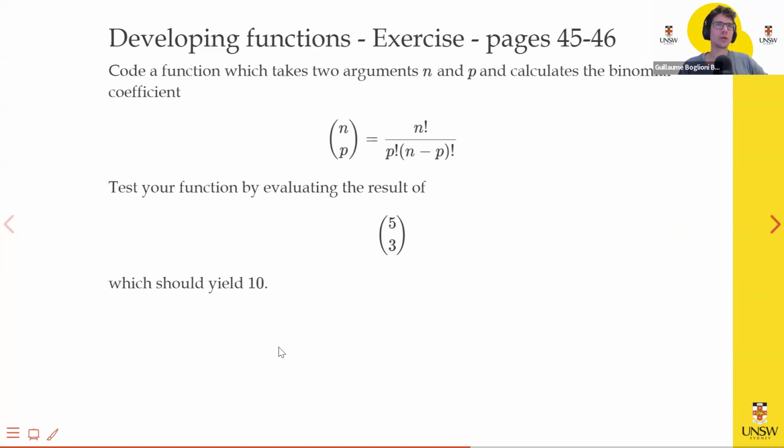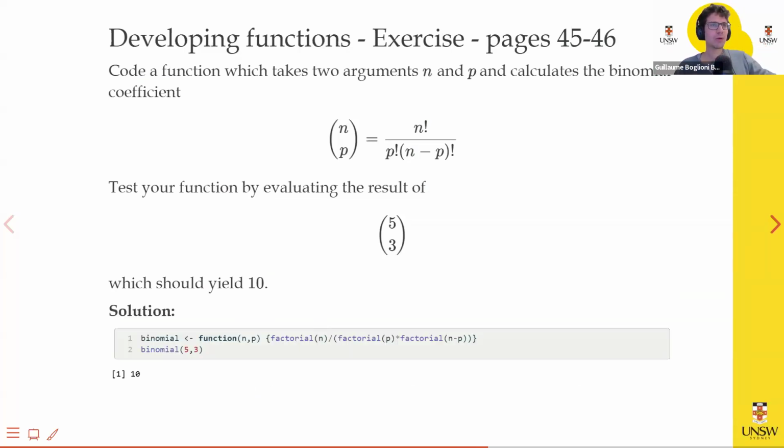Test your function on evaluating the result of this. Shouldn't be too difficult. I'll let you take a moment to type it. Okay, the result is there. Nothing special here. This is the name of the function, and then I need those two arguments, and voila.